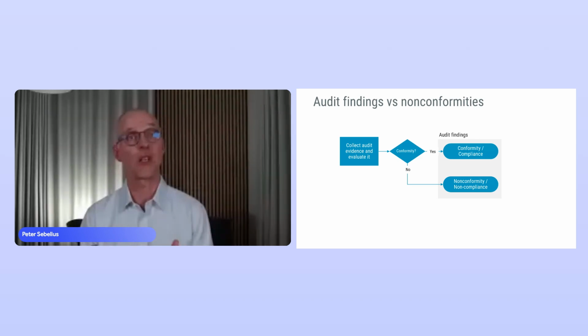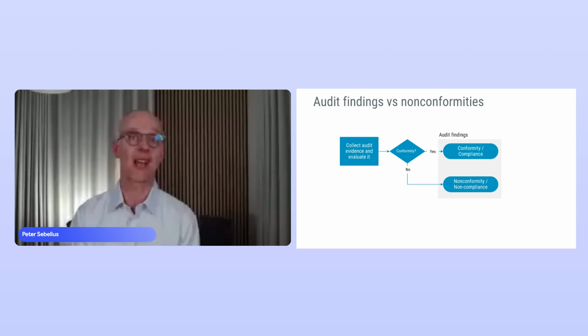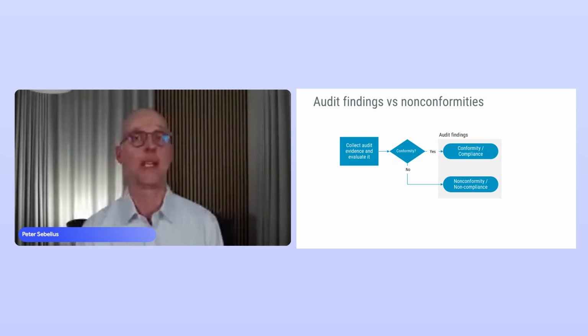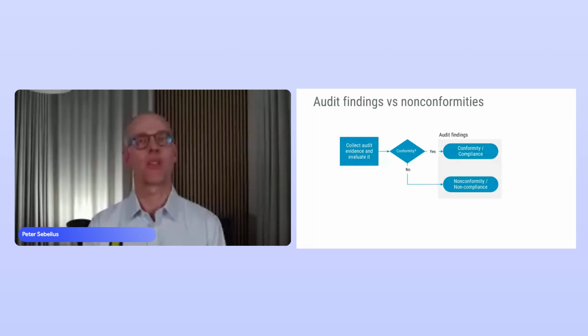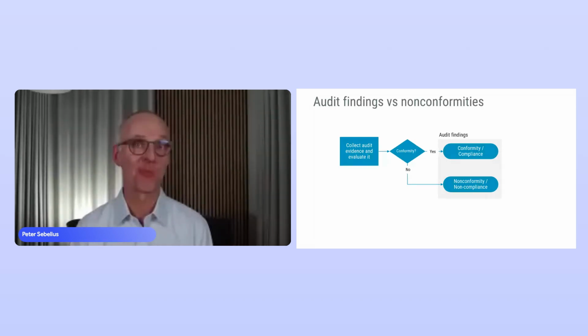Well, the term audit finding is used in the pharmaceutical industry, and in that context, it means nonconformity. In the medical device industry, we can also use the term audit finding, but then it refers to either a conformity or a nonconformity. So an audit finding is not necessarily a nonconformity. It's just the conclusion of the evaluation of the audit evidence.